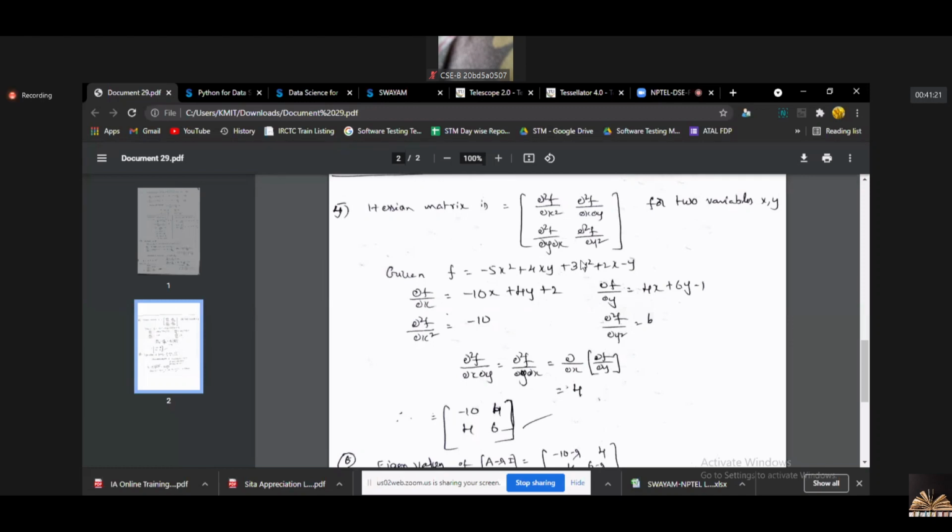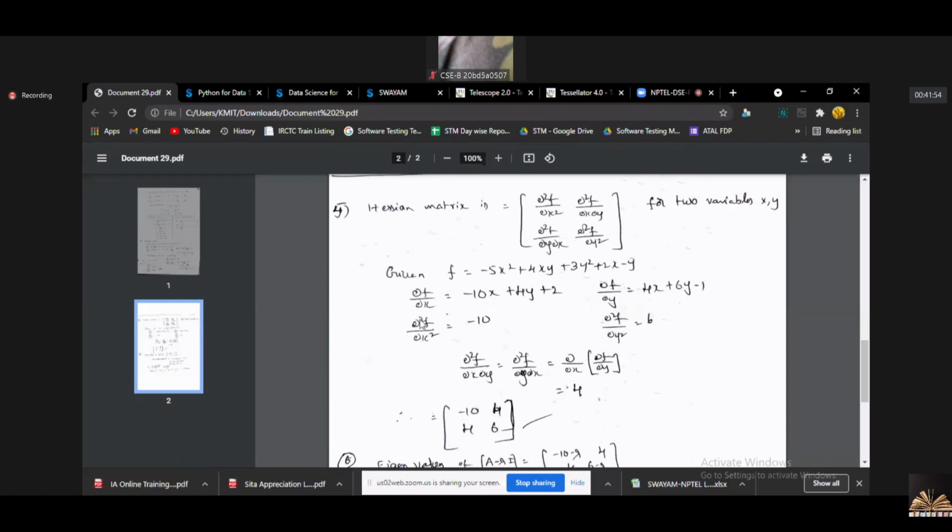The y term alone is not considered with respect to x, but plus 2x becomes plus 2, and minus y is not considered. So the first derivative with respect to x is minus 10x plus 4y plus 2.